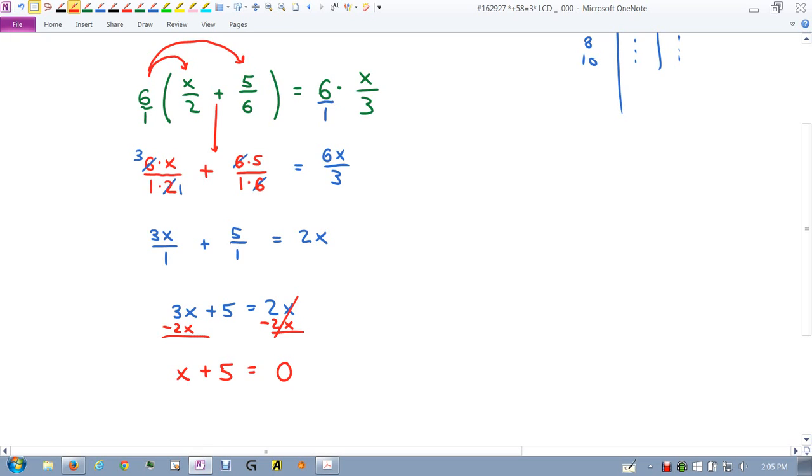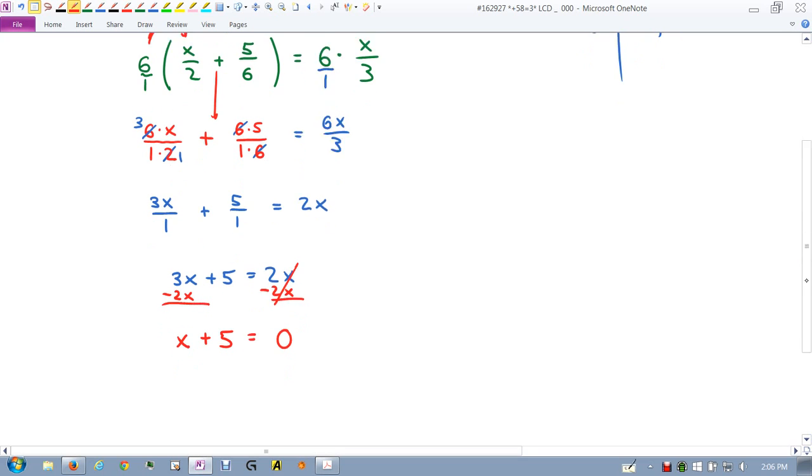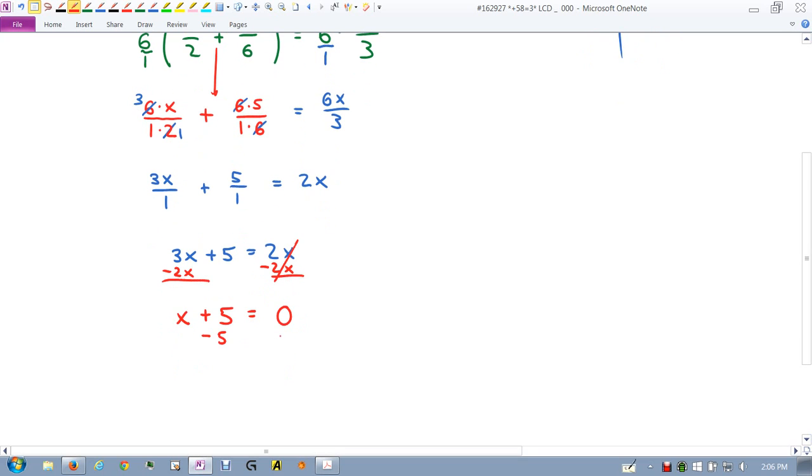And we're almost there. We want that variable by itself, right? So do what to both sides? Subtract 5. Goes away on the left. We just have the x. On the right, 0 take away 5 is negative 5. And we're done at that point because the number in front of x is 1 already. So that's our answer. Does that clarify? Okay.